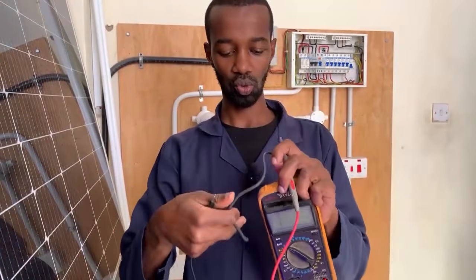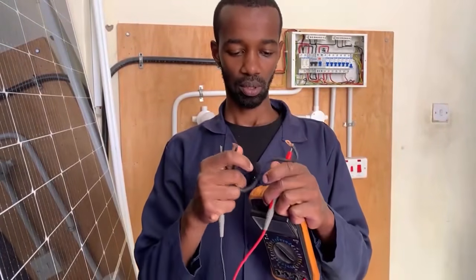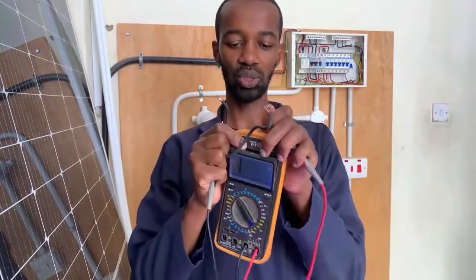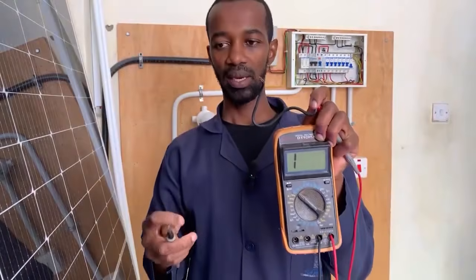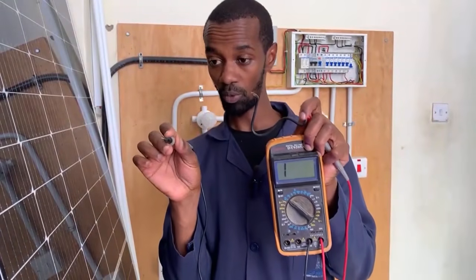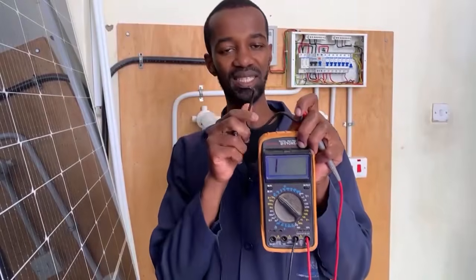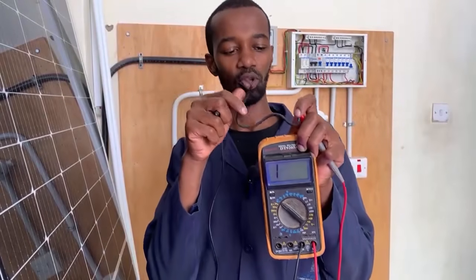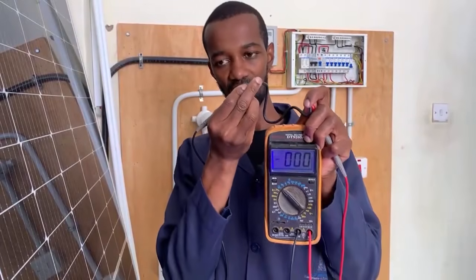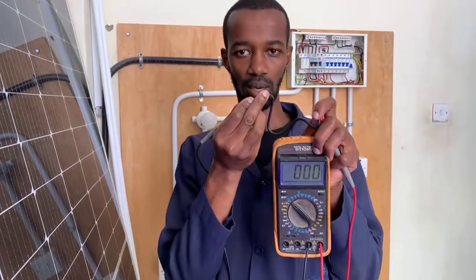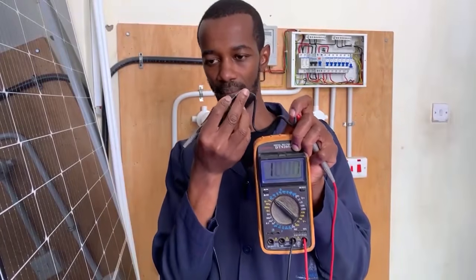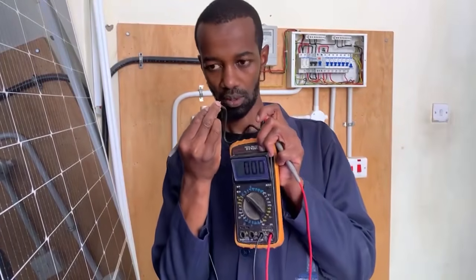We are not going to cherry pick simply because we have said that we are talking about troubleshooting using a digital multimeter; it does not mean that we'll stick to that. You can even have as many questions as possible, my top boss, and I'll be reviewing them. So this is a cable. We want to test for continuity. Is it broken? Can it allow the flow of electricity, or the flow of current? Do you hear that sound?